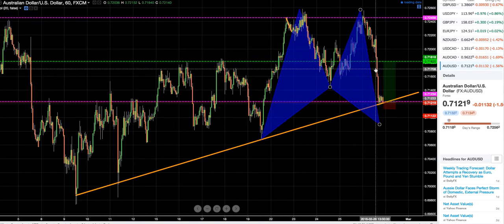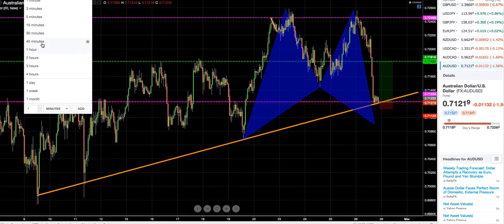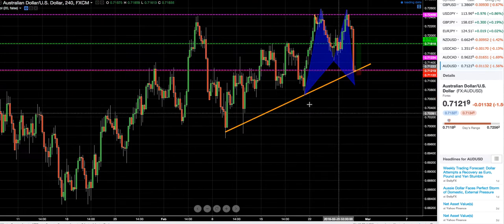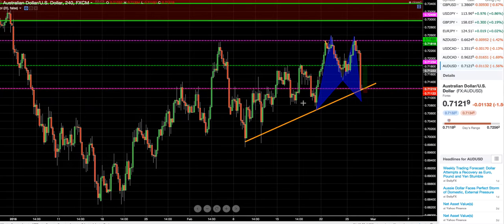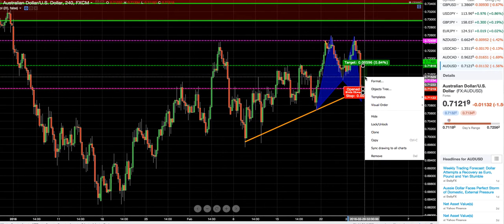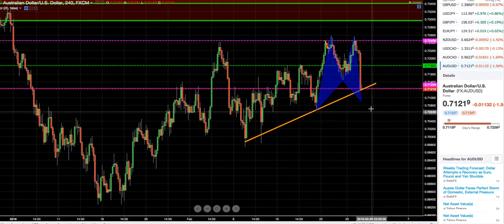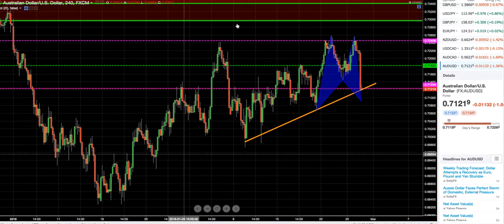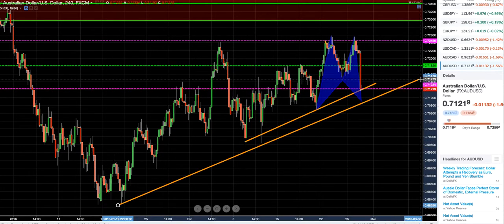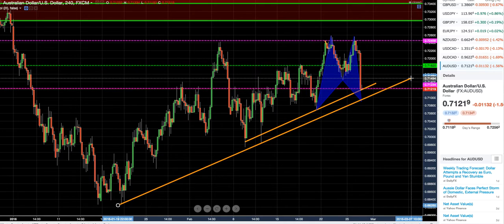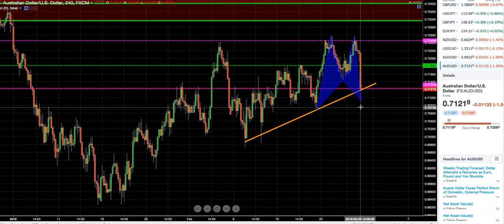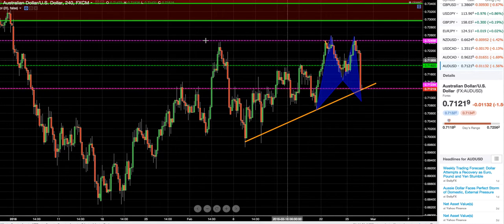It's pretty simple. On the 4-hour chart, we have this bat pattern forming right here. This is an interesting bat pattern because it's in the direction of the underlying trend, as you can see. So I'm pretty interested in getting long on this bat pattern right here.